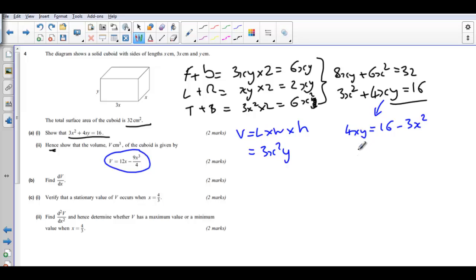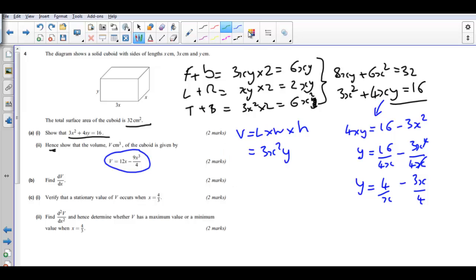Dividing both terms by 4x gives us y equals 16 over 4x, take away 3x squared over 4x. Now this will simplify down nicely, because 16 divided by 4 is just 4 on the top, minus the x's on the bottom are going to cancel with the squared, which gives me 3x over 4. So that's what y is.